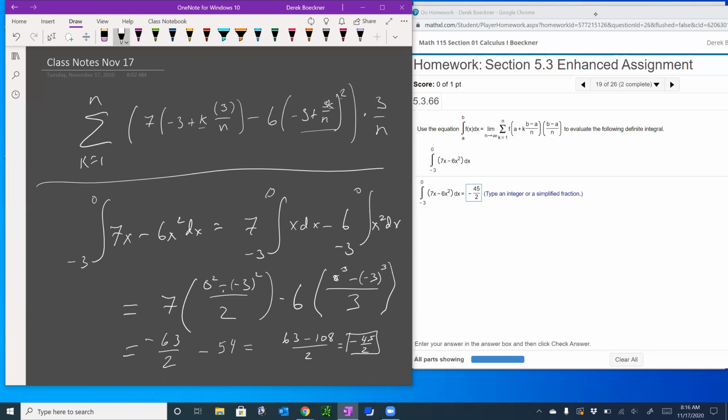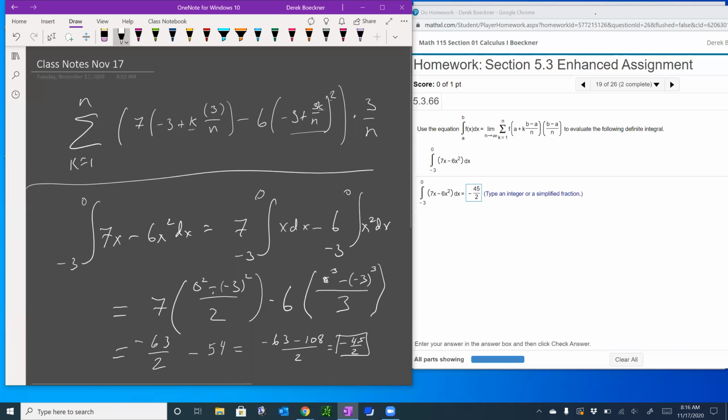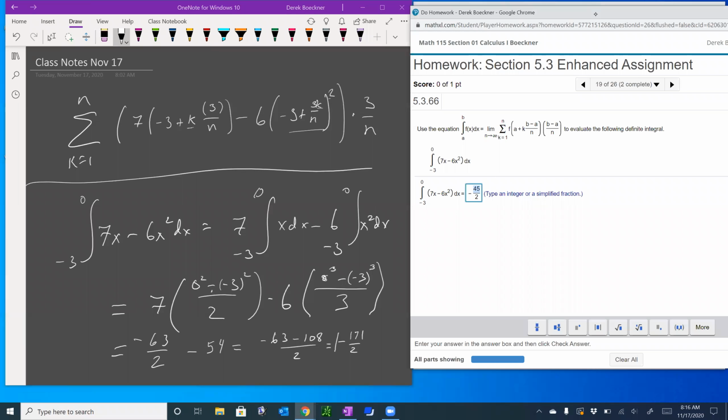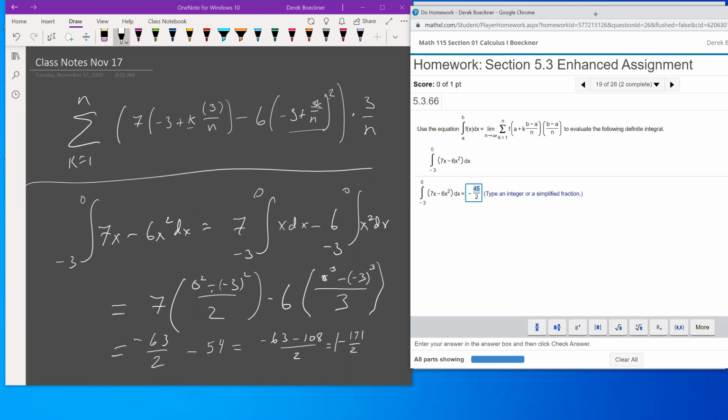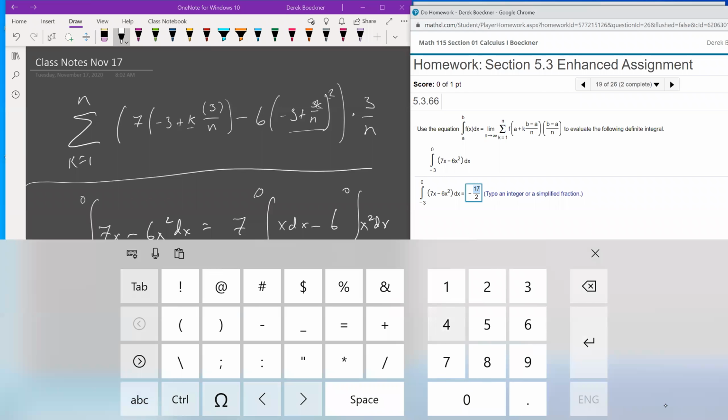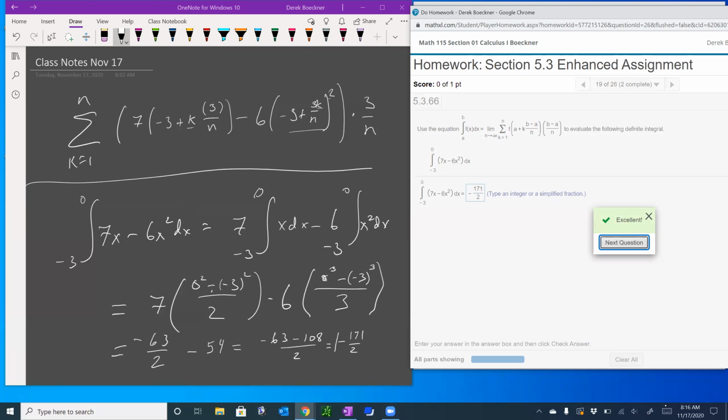So minus 171. Try that. There we go. I would just do it that way.